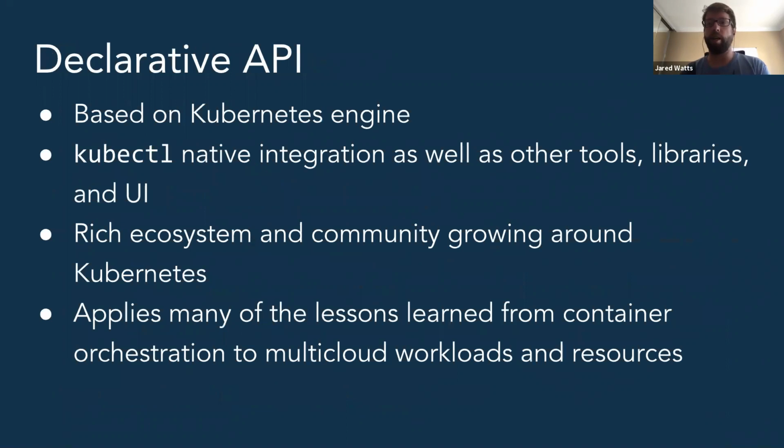What this declarative API based on the Kubernetes engine enables is integration with all the rich set of tools in the Kubernetes ecosystem. kubectl, with custom resources, it slides right on in there for a first-class experience, and other tools like Compose or whatever you want to use to interact with this declarative API. Same tools that you're used to in the Kubernetes ecosystem would work.